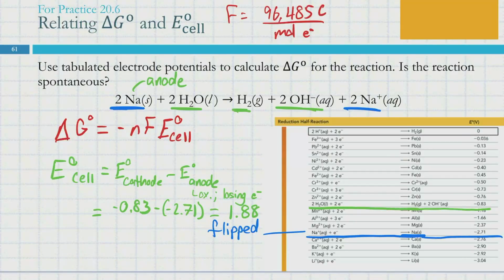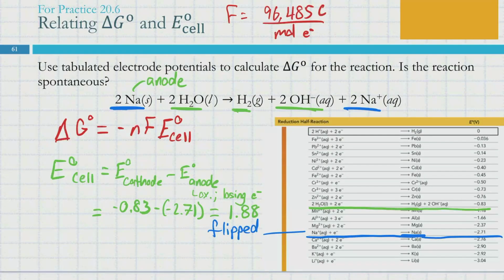So it's positive 2.71 plus negative 0.83. That'll do the same thing as the equation that we went through. So we flipped one, we add them together, you'll still get 1.88. That's the way that I would probably do it. I just thought it might be fun to show you the equation way of doing it. Questions about that so far?